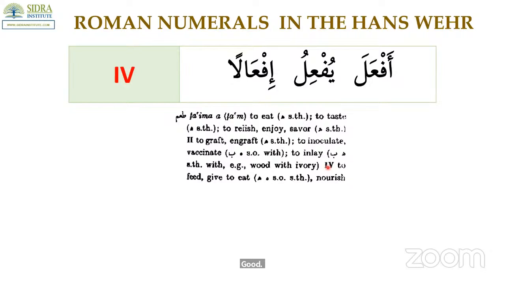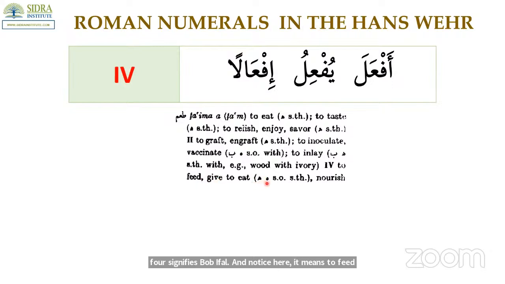So number 4 here. أطعم يطعم إطعاما. So Hansworth expects you now to be able to conjugate طعم by looking at number 4 to this pattern here. أطعم يطعم إطعاما. So 4 signifies bab if'al. And notice here it means to feed. Now there's 2 has.